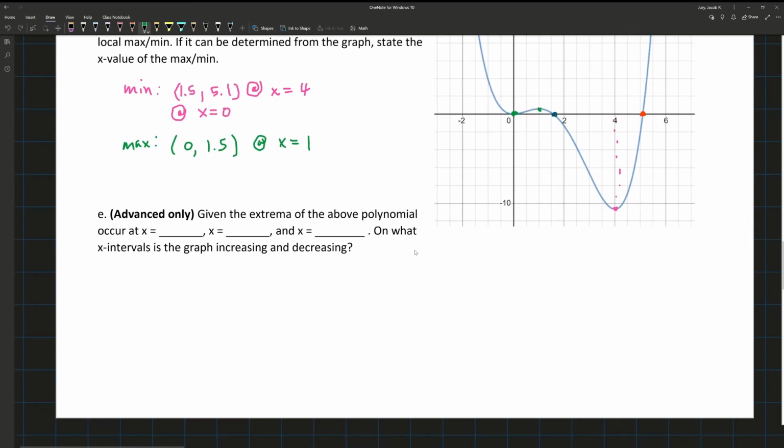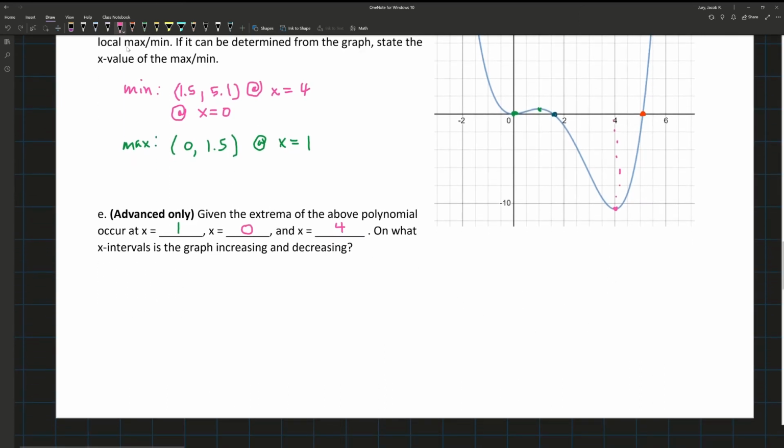And this is for advanced only, so we're given the extrema of the polynomial. So we have the maximum occurring at x equals 1, and we have the minimas occurring at 0 and 4. On what intervals is the graph increasing and decreasing?